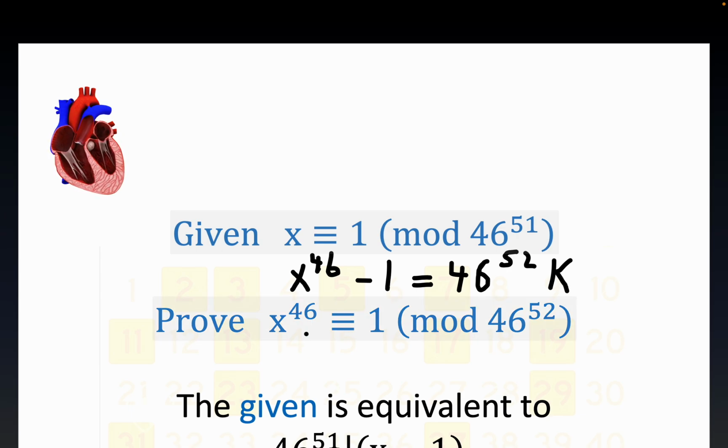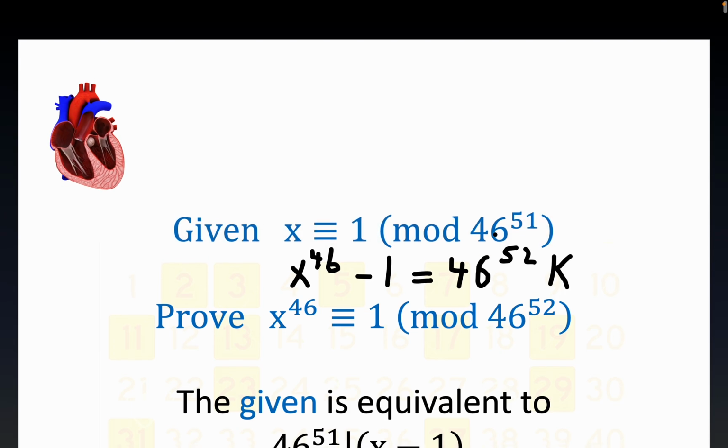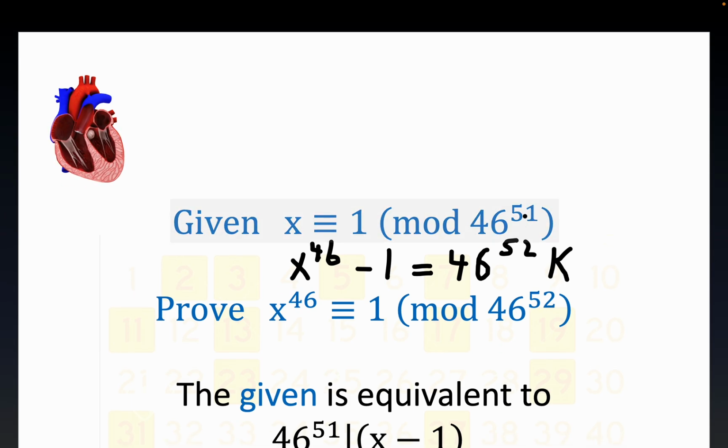But anyway, what we're trying to prove is absolutely equivalent to this statement that x to the 46 minus 1, where x is just some integer, is going to be a multiple of 46 raised to the 52nd. Now we're given that x minus 1 is some multiple of 46 to the 51. To avoid clutter, I won't write that down.